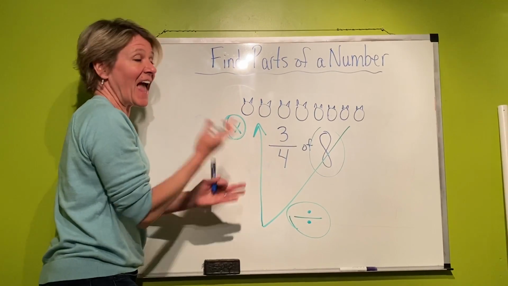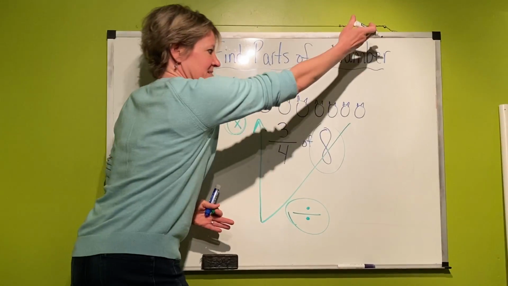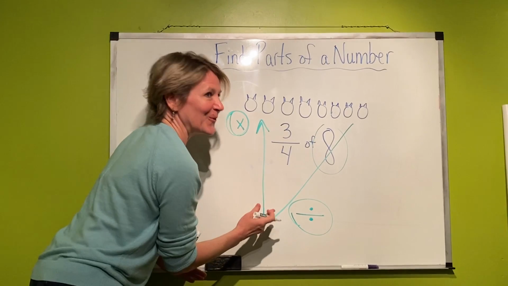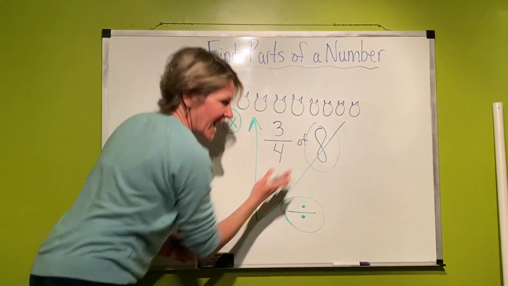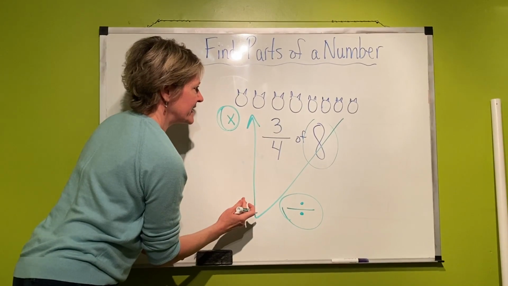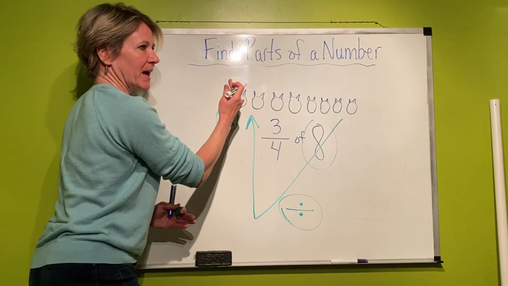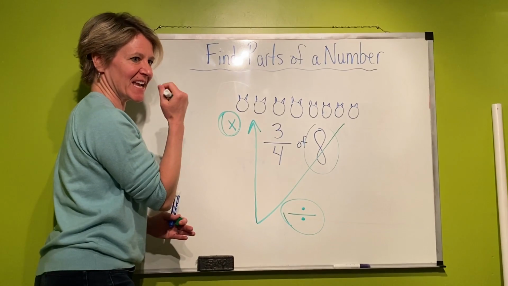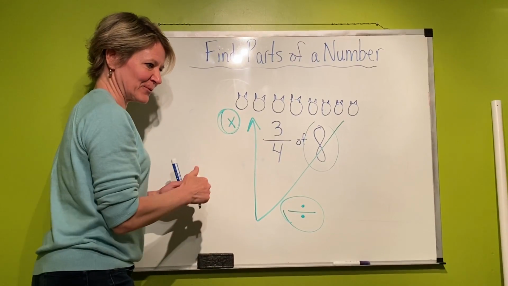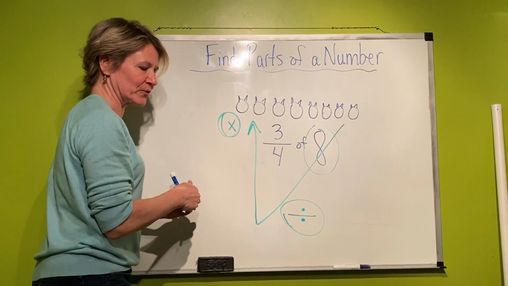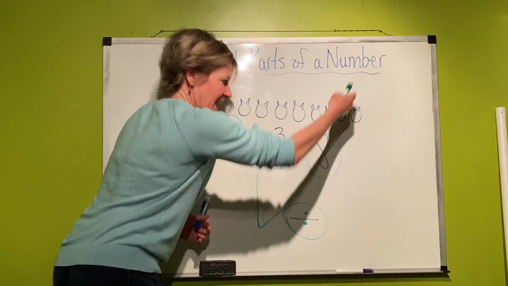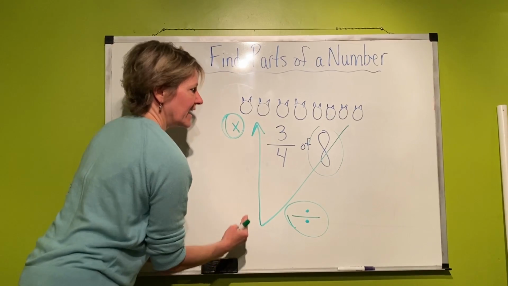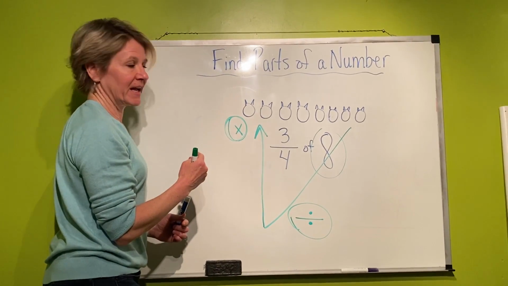That's it. Every single time. Diagonal divide. Oh, there's another trick. Both start with D. Diagonal divide, up and multiply. I wish they both started with U or they both started with M, but they don't. So we'll just have to stick with diagonal divide, up, and multiply.